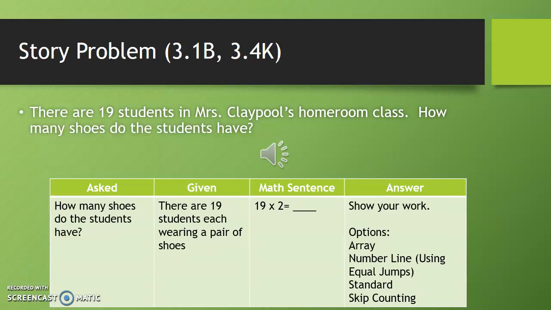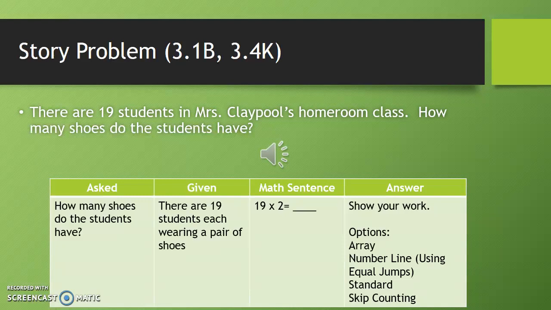But let's look at some of the other options under the column answer where I ask you to show your work. One of the options would be to draw an array and then you could count them. Another way to do that right now would be to use a number line. And then you use equal jumps on the number line, which means you don't jump from 1 to 4 and then to 18.